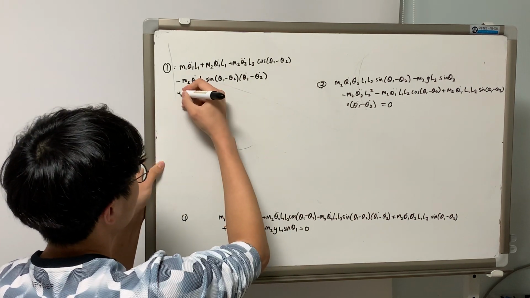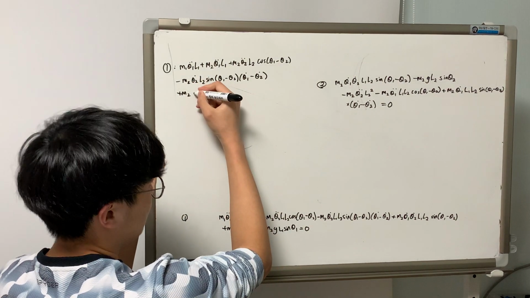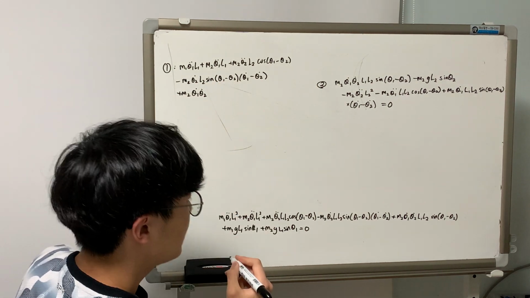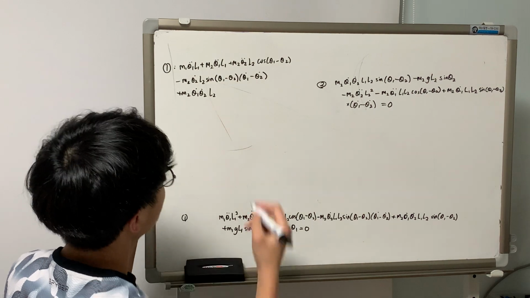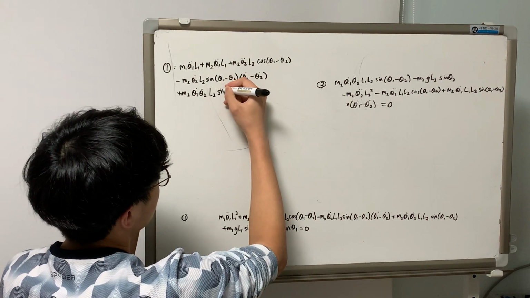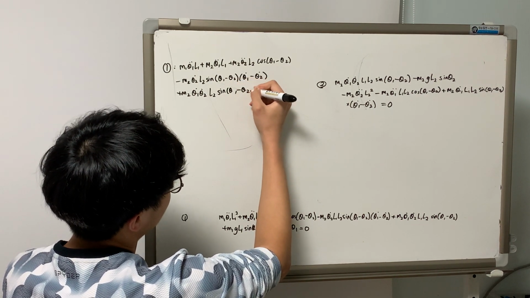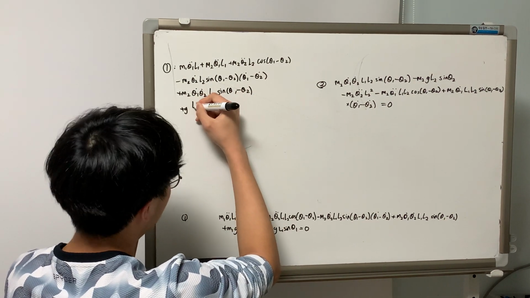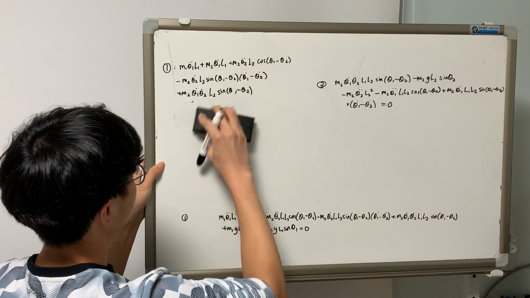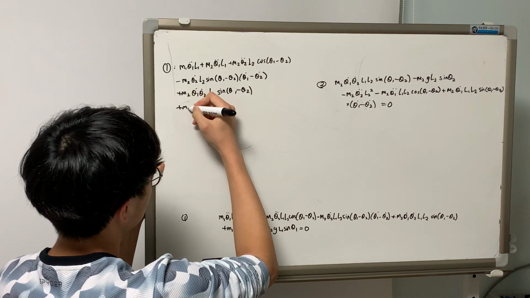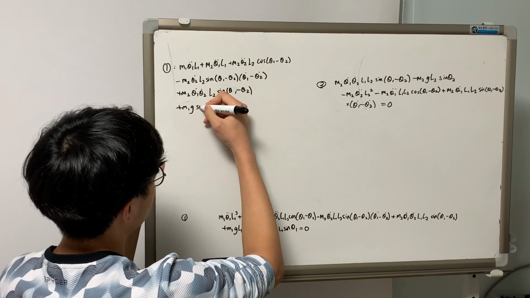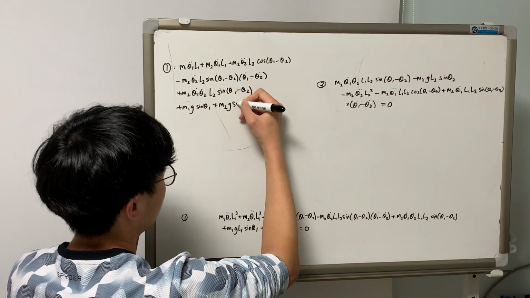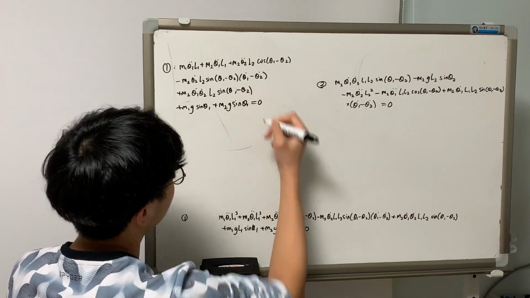And we're going to add M2 theta 1 dot, theta 2 dot, L1 is cancelled, so we have L2 sine of theta 1 minus theta 2, plus M1 G sine of theta 1 plus M2 G sine of theta 1 equals 0.